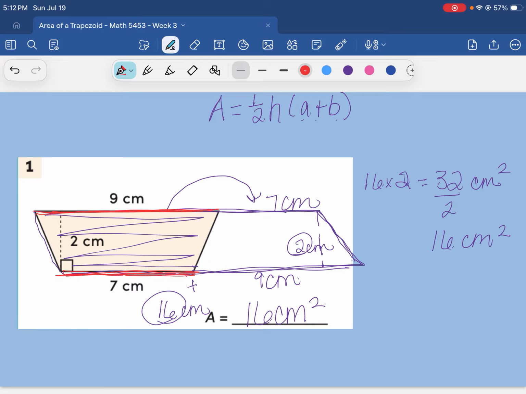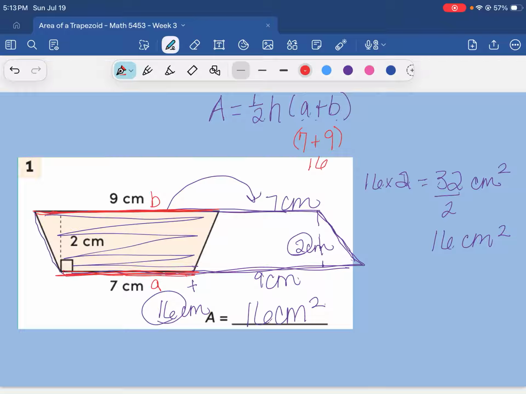So if you take those sides and plug them in, we have 7 plus 9, because this would be A and this could be B. It doesn't matter which one you use as A or B. We add those together, which gives us 16.